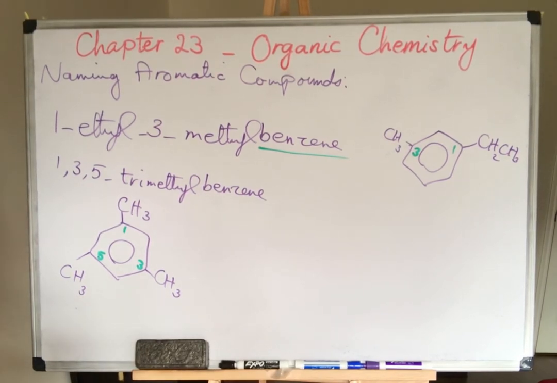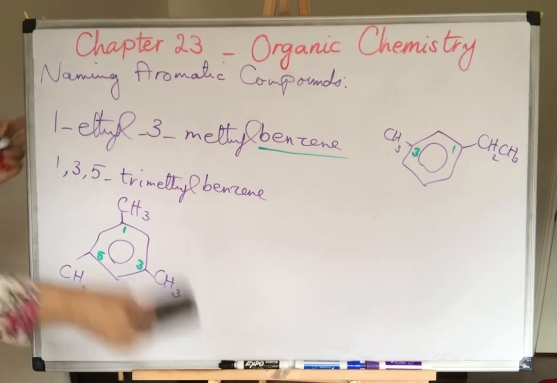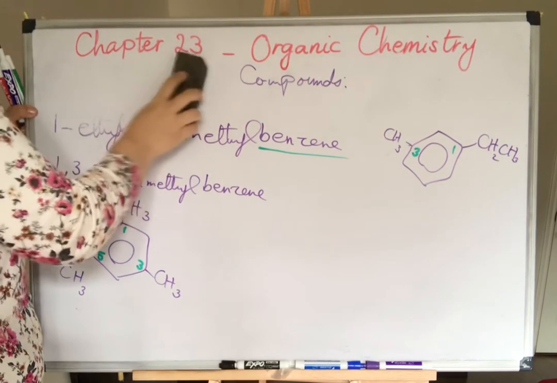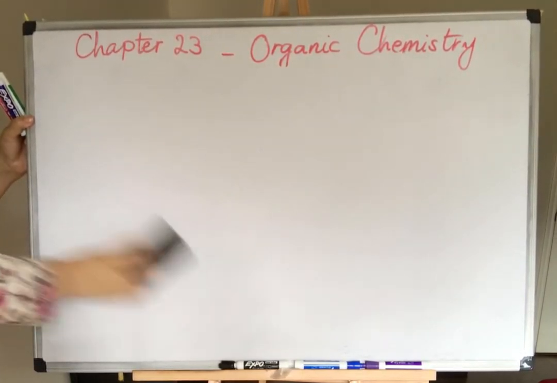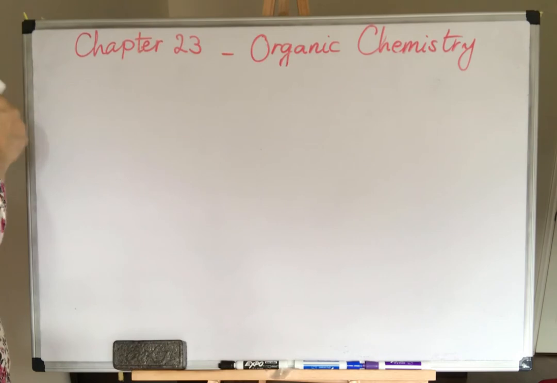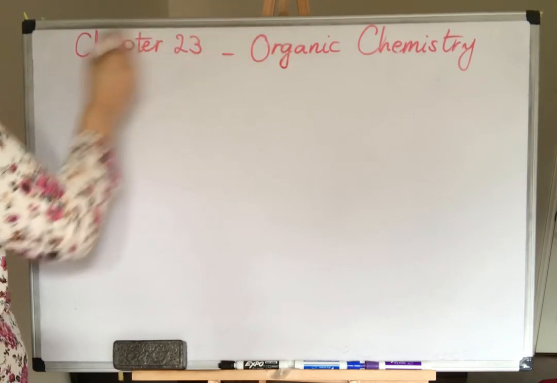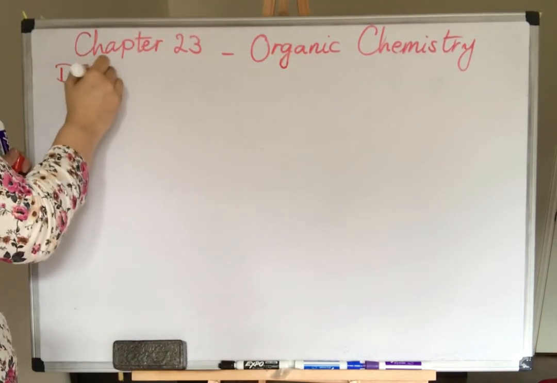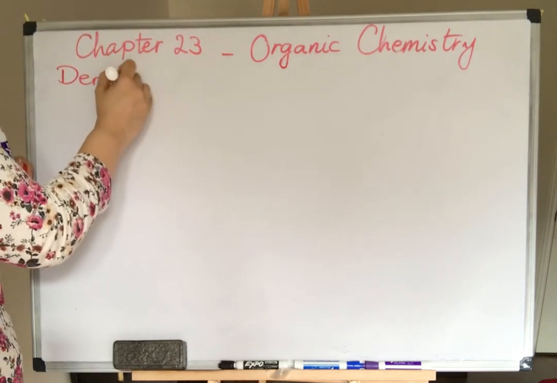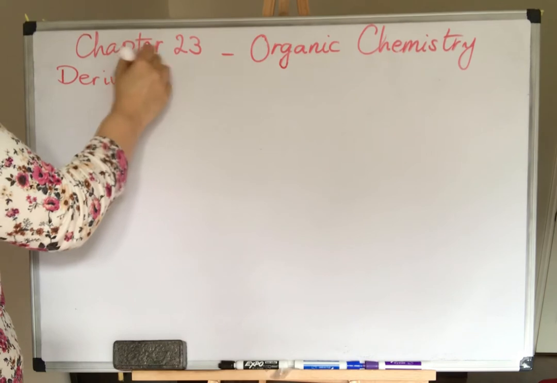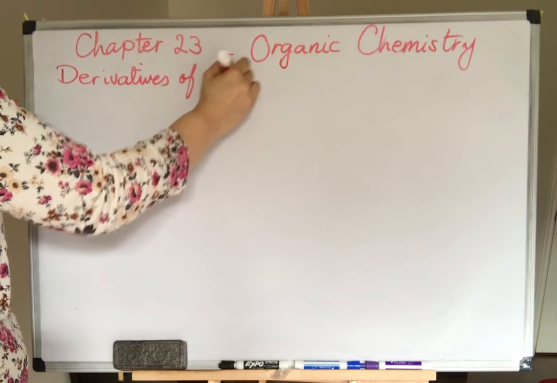Last part, working on slide number 63, derivatives of hydrocarbons. We worked on the main categories of hydrocarbons so far, but what if we have other atoms like oxygen, nitrogen, sulfur, chlorine, bromine on them? So we have some derivatives of hydrocarbons.